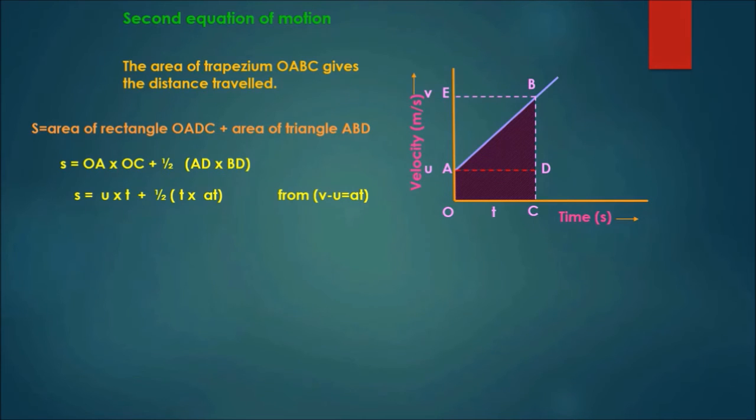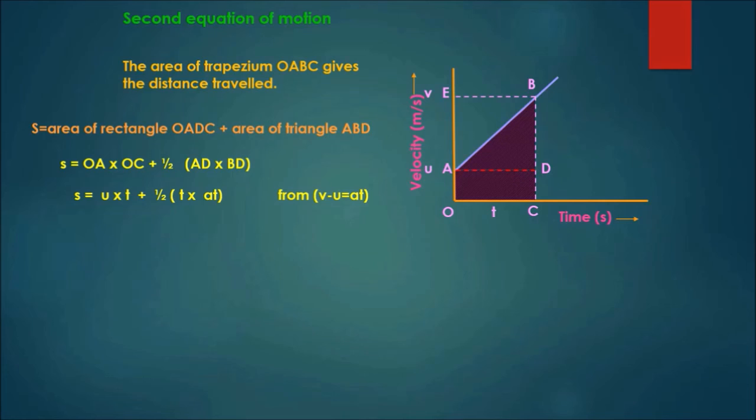We can rewrite this as S is equal to OA is written as u, initial velocity, into OC is time taken plus half into AD is time again. AD is equal to OC.